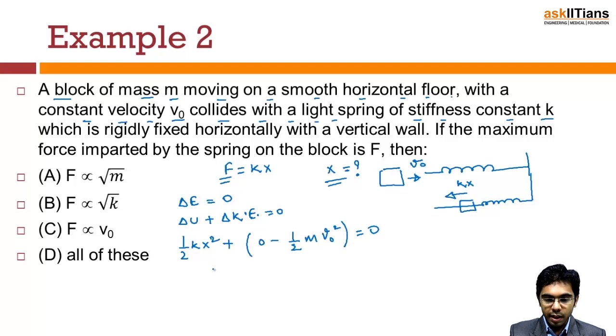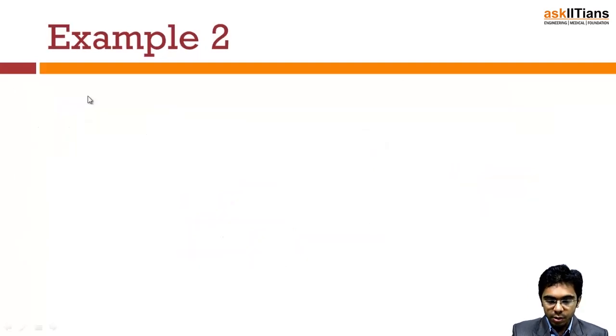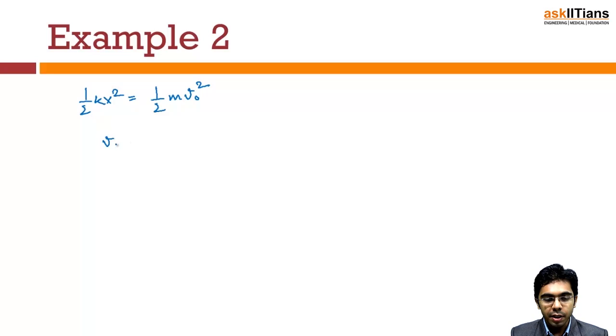Therefore half kx squared is equal to half m v naught squared. So v naught squared is equal to k by m x squared, and since we have to find x, x will be equal to under root m by k times v naught.